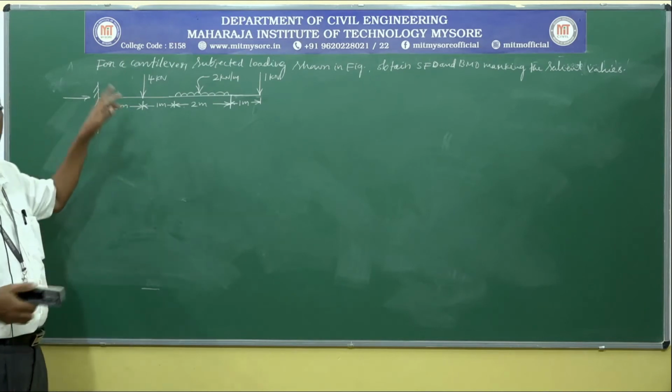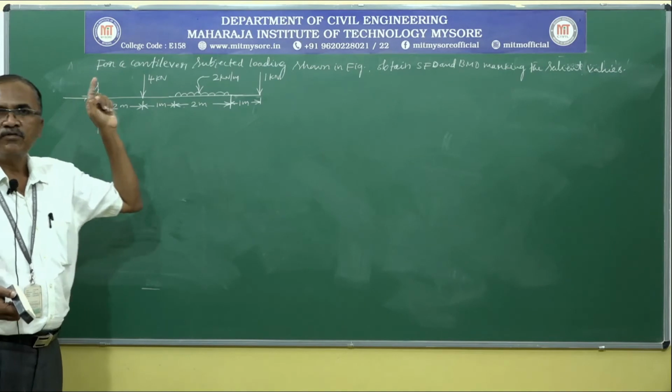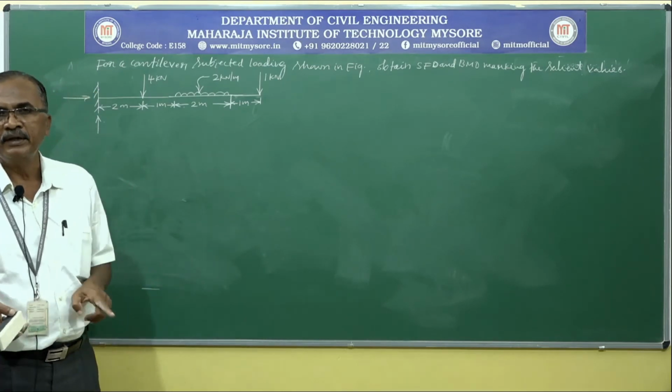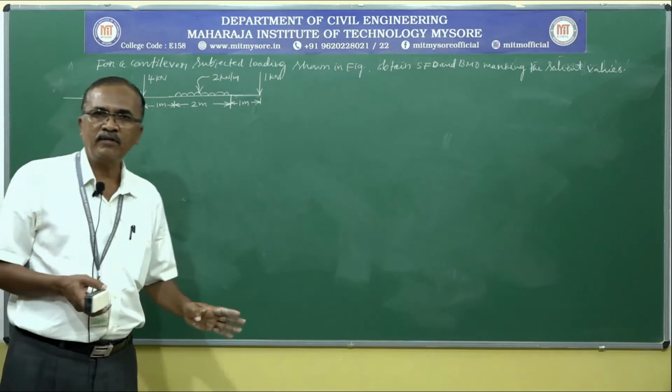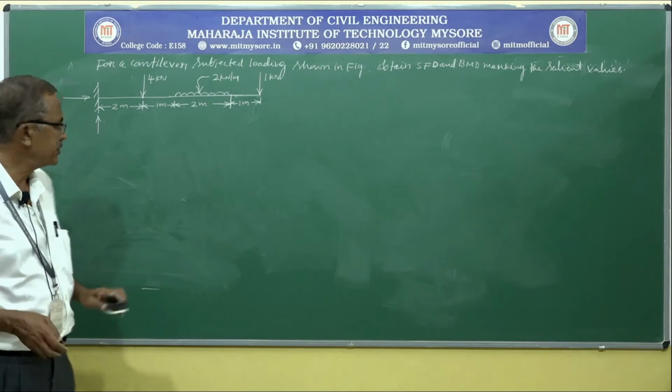As we already discussed, horizontal forces and force components have nothing to do with the shear force and bending moment, and we are not considering horizontal forces. We consider only vertical forces or force components.